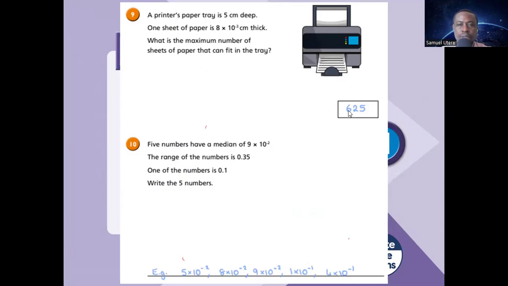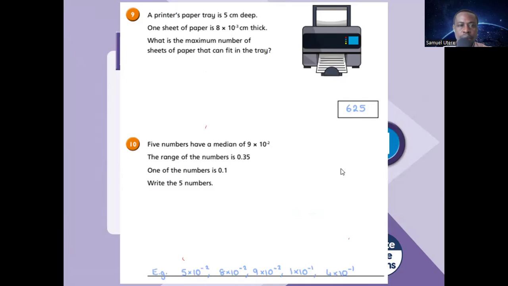And here is the answer. So if it's 5 centimeter deep and one sheet of paper is that, well, to be able to find the number of sheets, you can do 5 centimeter divided by this amount. Okay, that will give you the number that you need.